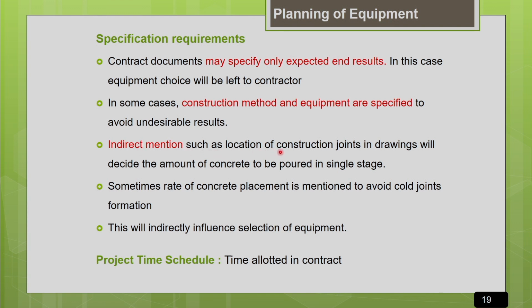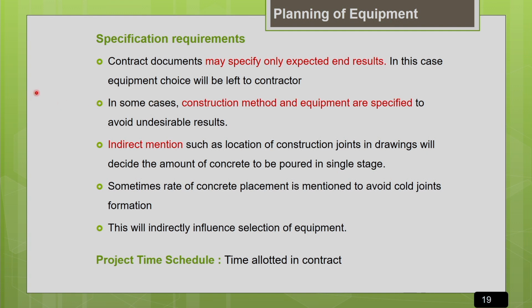Say, the location of the construction joints in the drawing will indicate the amount of concrete that is to be poured in one single stage. By looking into the construction drawings, you can see the location of construction joints. That will indicate the amount of concrete to be placed in one pour. So that will indirectly govern the selection of the size of your concrete mixer machine.